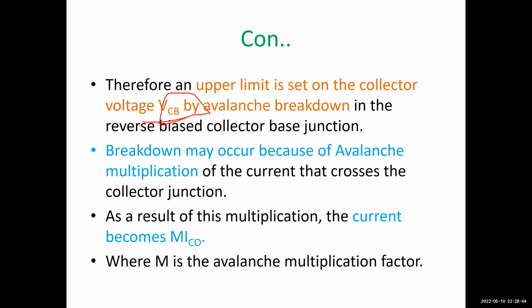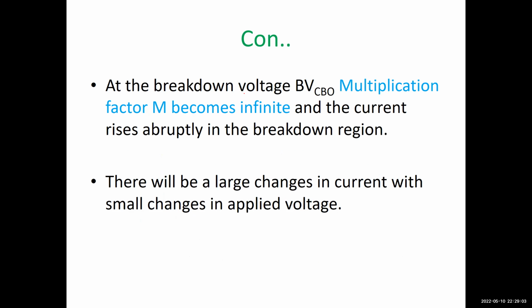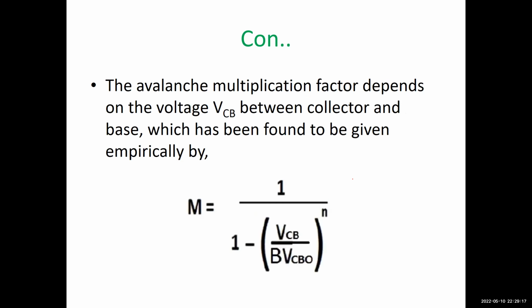So the output current becomes M into ICO, where M is the avalanche multiplication factor. Similarly, your gain becomes alpha into M. Because of the kinetic energy, more ions are going to break down. So at the breakdown voltage, the multiplication M becomes infinite and the current rises abruptly in the breakdown region. There will be a large change in the current with small changes in your applied voltage.